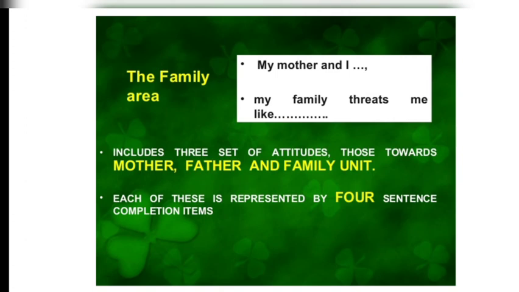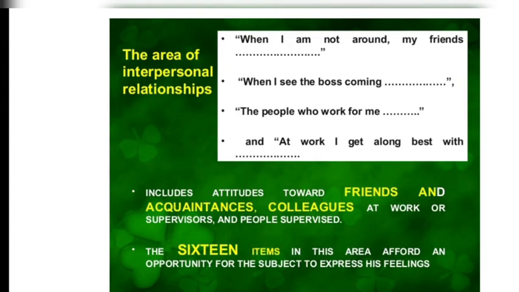My mother and my family treats me like... All these are examples of SCT. In the area of interpersonal relationship: when I am not around my friends, or when I see the boss coming. You need to complete those sentences, and that is what the test is about.